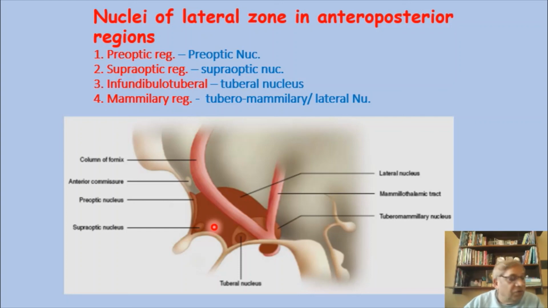Now, if you go still posteriorly, this is the infundibulotuberal part, and here is the tuberal nucleus, a single nucleus in the lateral zone. This tuberal nucleus is similar to the mammillary body. Let us go to the tuberomammillary nucleus.